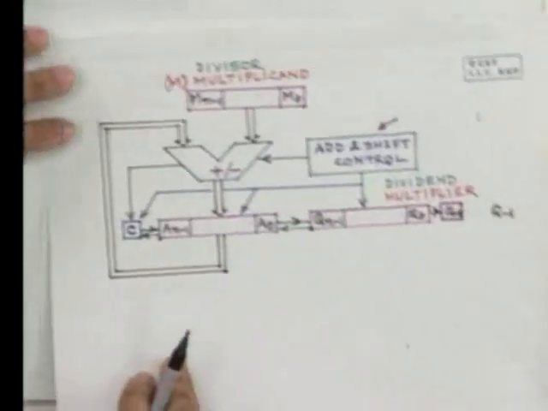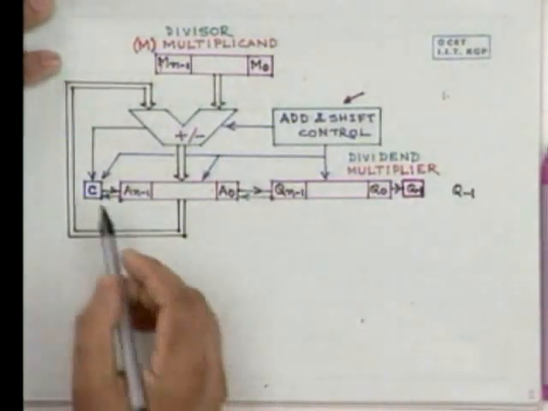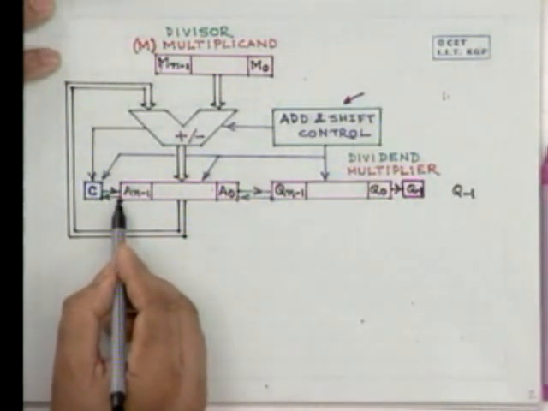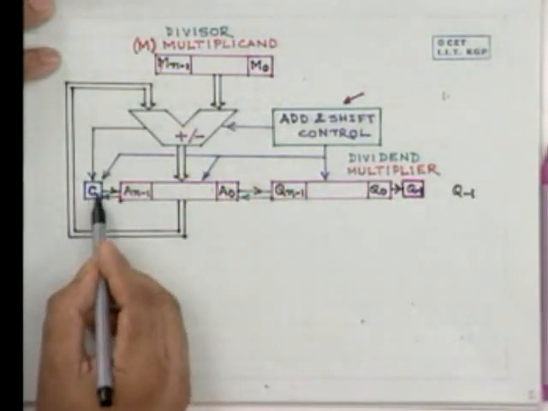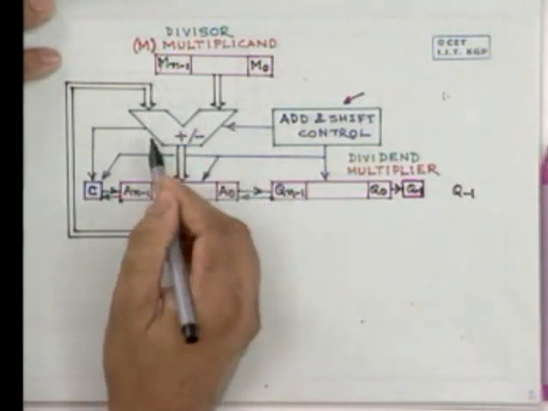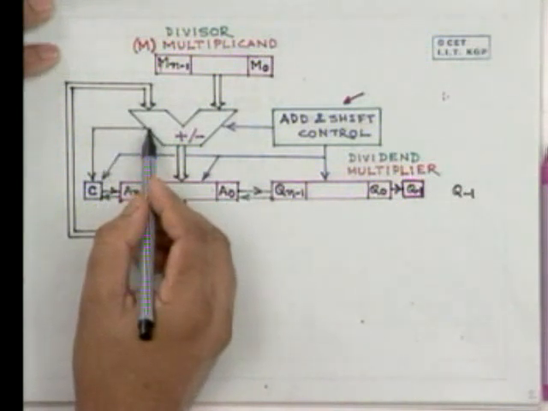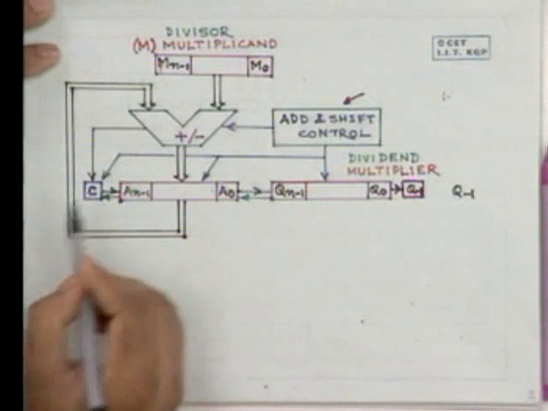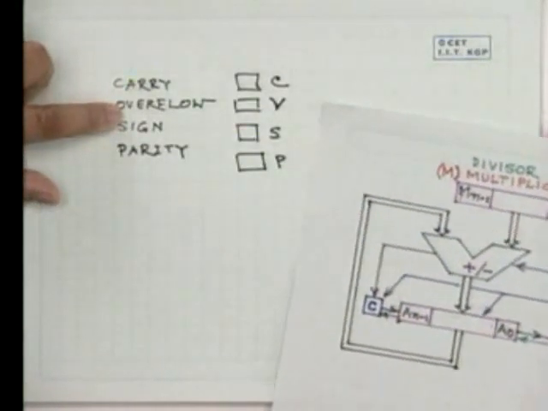Now let's see what these are. So far as the carry flag is concerned, we have shown it here. That means anything that comes out of the most significant bit of this register comes into this. Similarly, while doing some arithmetic operation, if something flows out of the most significant bit, that is put into the carry flag. We call this a carry flag. Overflow flag I will come to.